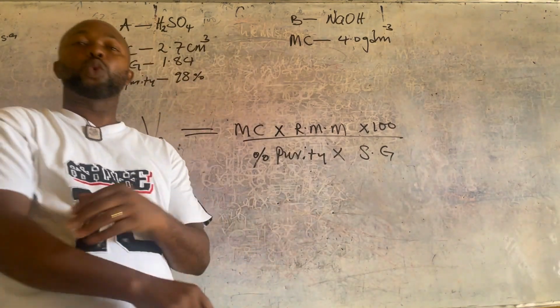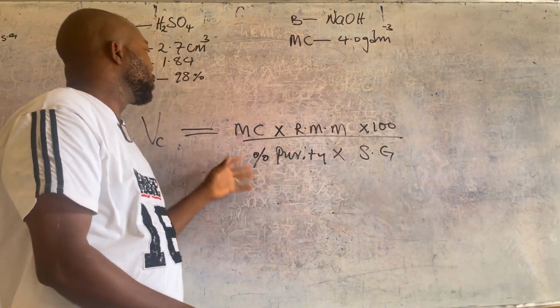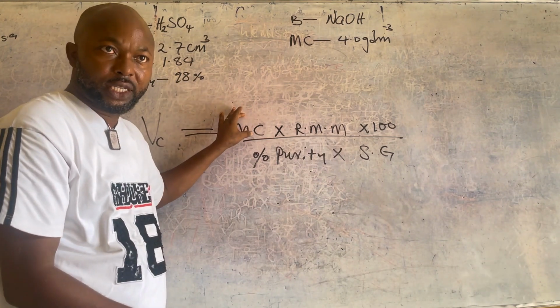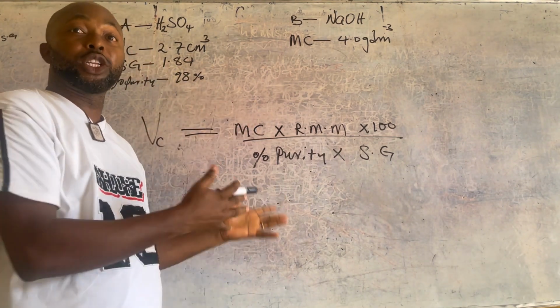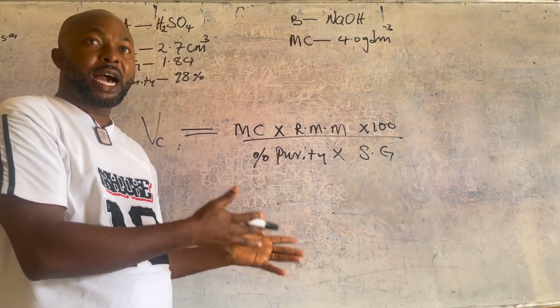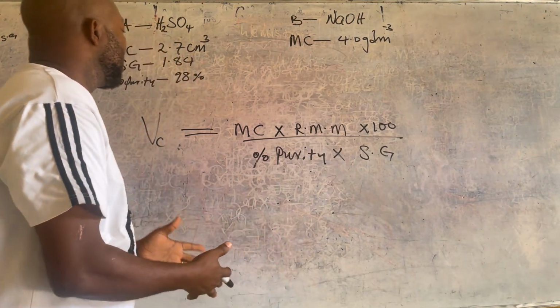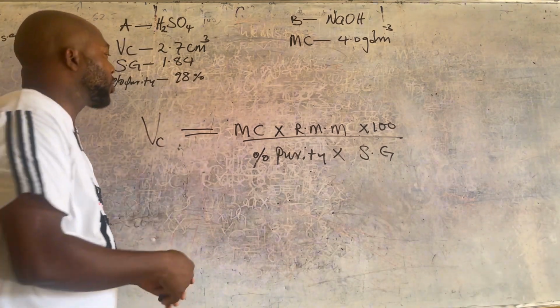This is what we are going to use to know what the molar concentration is. If we know the molar concentration of the acid, we can now proceed to calculate the volume of the acid.